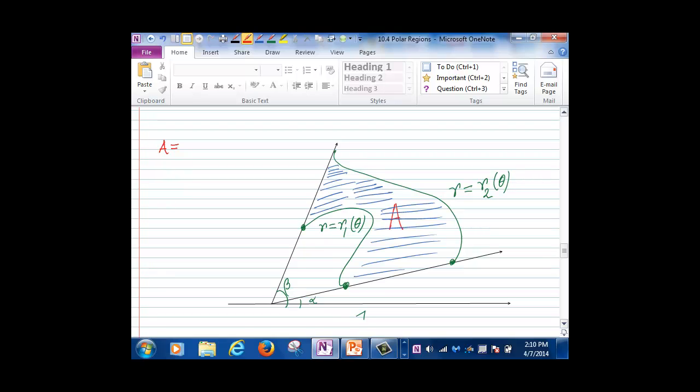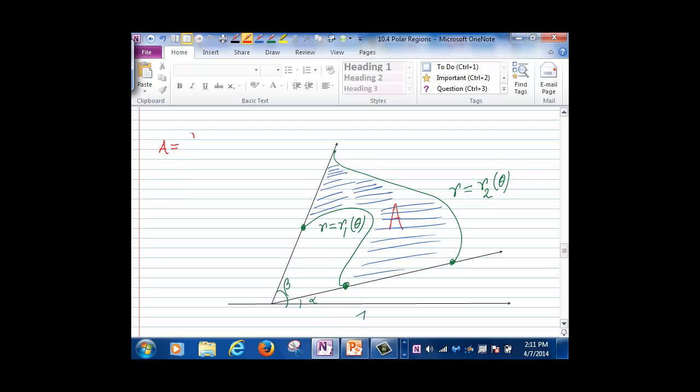Notice that the area between the two curves is the same as the area bounded by R2 of theta and the two rays, minus the area bounded by R1 of theta and the two rays. Do we know how to find the area bounded by just R2? Yes, because of what we had previously.